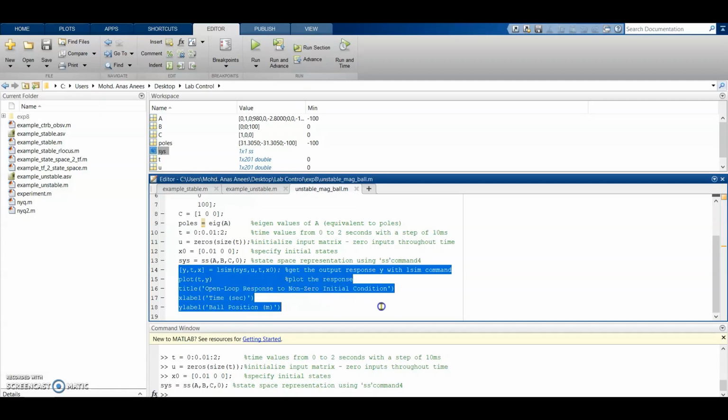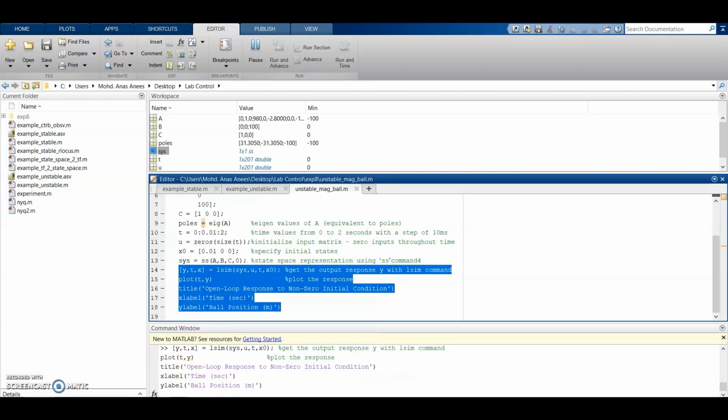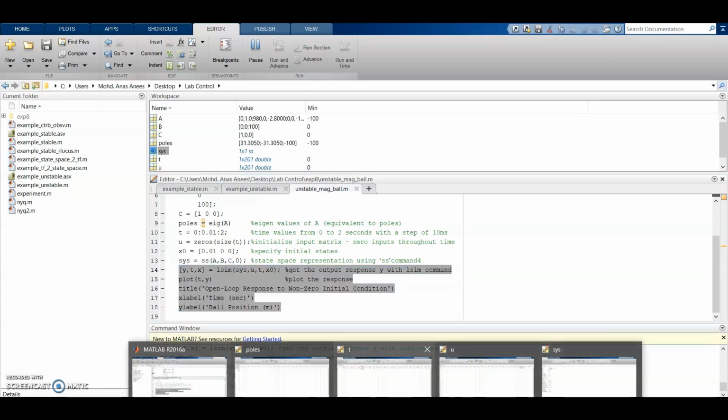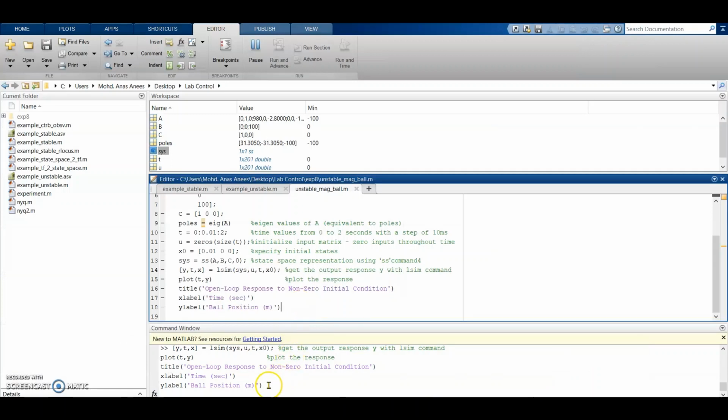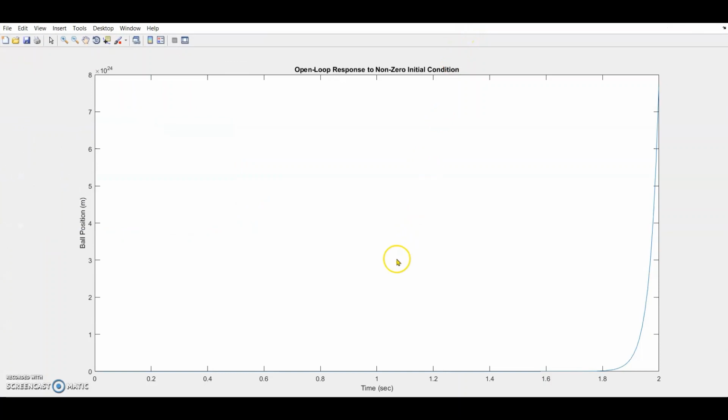So I am evaluating this selection. So it should give the plot. Yes, the plot is here.